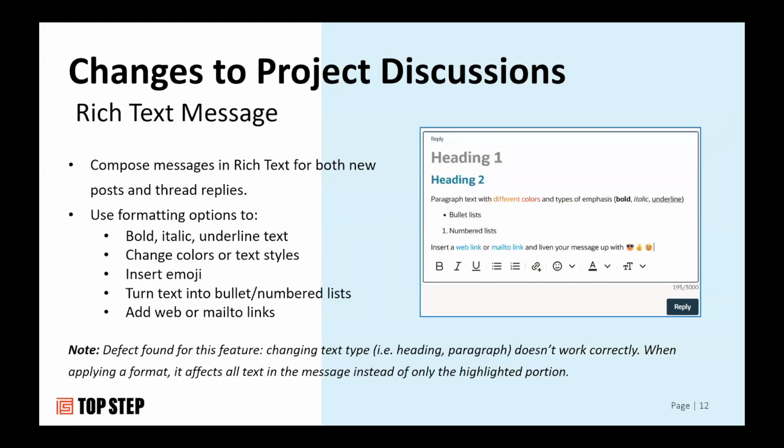Also, they've now exposed rich text messaging. So you can use bold, italic, and underlining, change colors, etc., and search emojis. Instead of just plain text, you can better convey your messaging and your discussion by using a lot of these elements we're used to using in all our other tools.